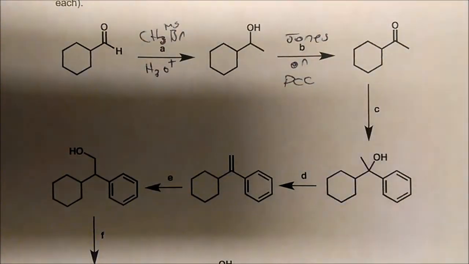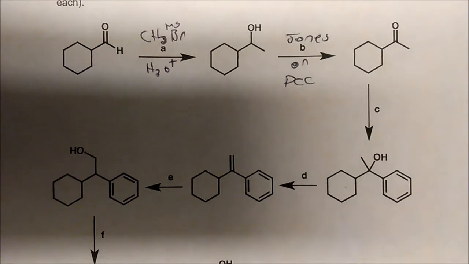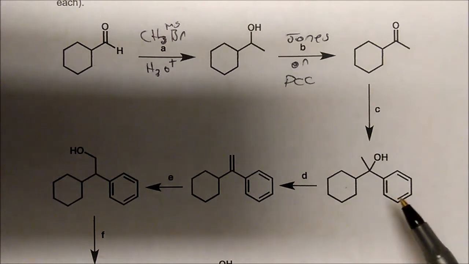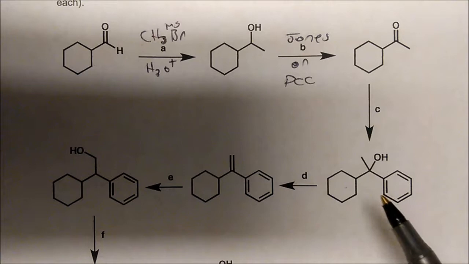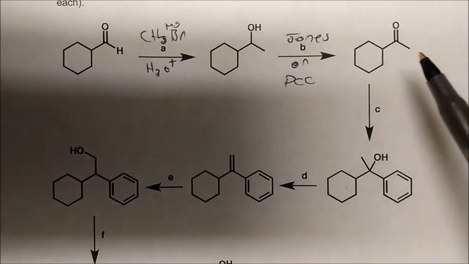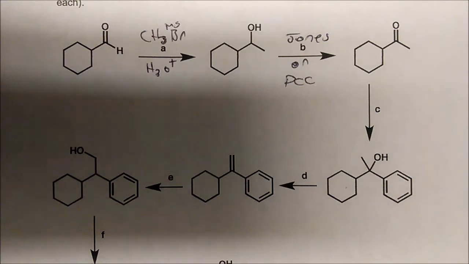Now I have my product C, and I got to this here. So what are the reagents? I see that my carbon chain is extended. That's the first thing I'm looking for. I have a ketone, and I form an alcohol, so this has to go through some sort of Grignard chemistry.